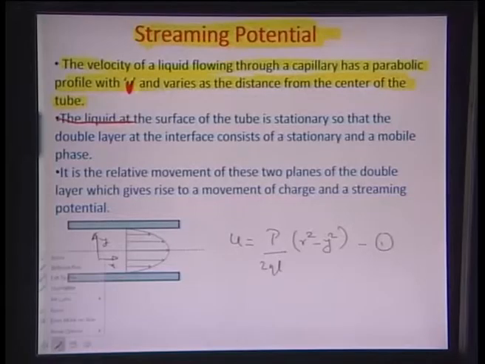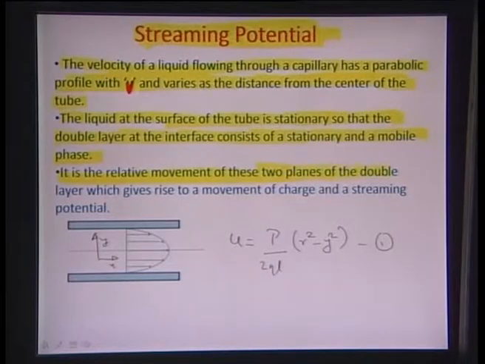Okay. So, the liquid at the surface of such a flow being stationary leads to the double layer at the interface consisting of a stationary phase and a mobile phase, the solution, and the relative motion of these two planes of the double layer, one stationary with respect to the wall and another moving with the fluid, would give rise to the movement of the charge and generate a potential.